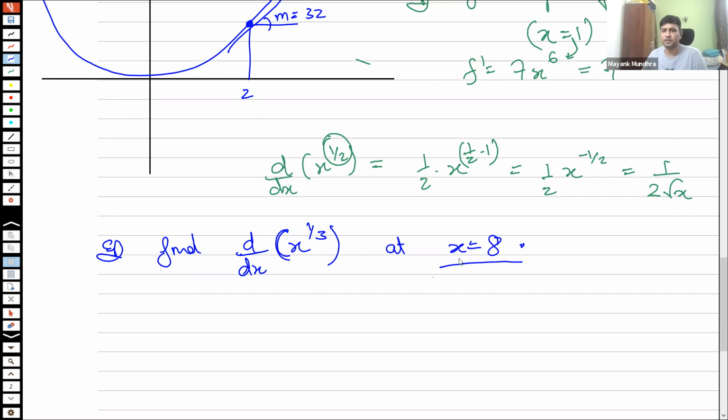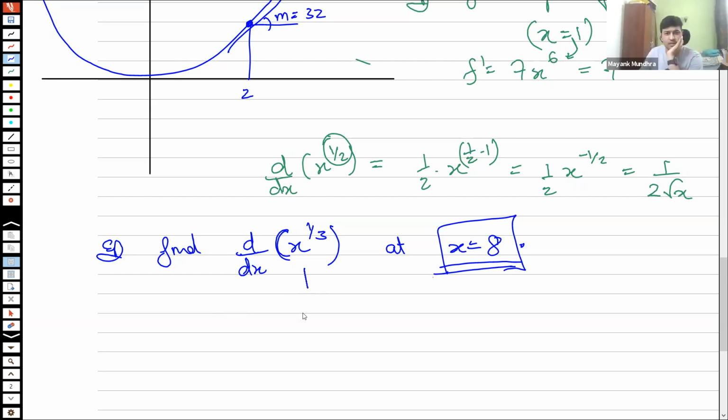What's going to be this one? What's going to be the answer? 1 by 3, 8 to the power minus 2 by 3. Just substitute. Have you substituted the value of x and given me the answer? Okay, you're saying 1 by 12. Okay, so let me see.